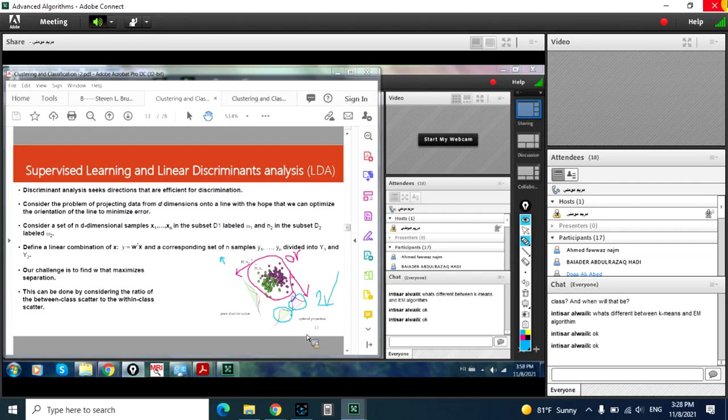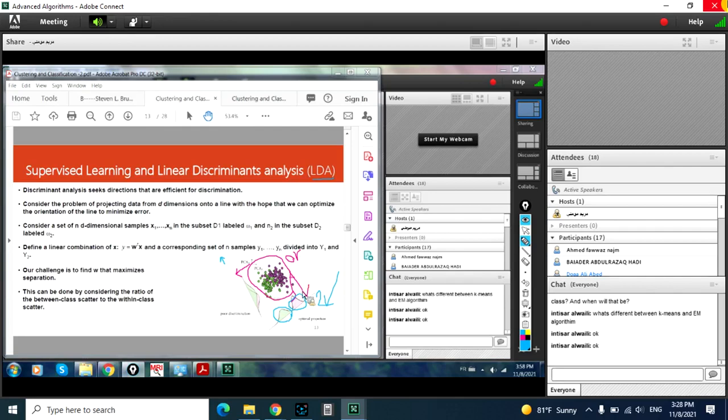The second projection is better. Because in this method we want to find the best line for the projection, we call it linear discriminant analysis, LDA.